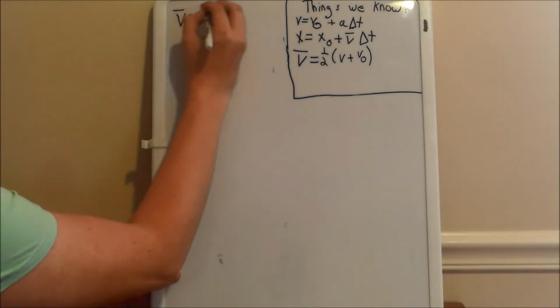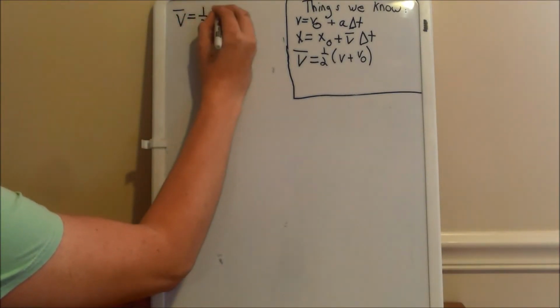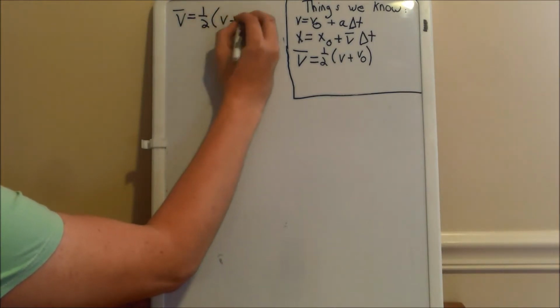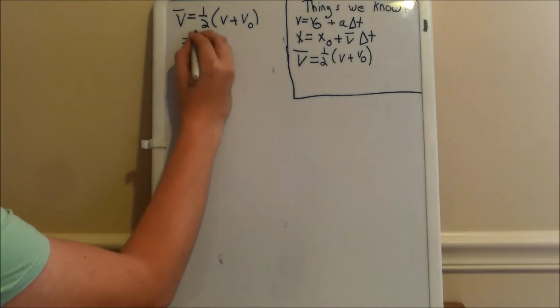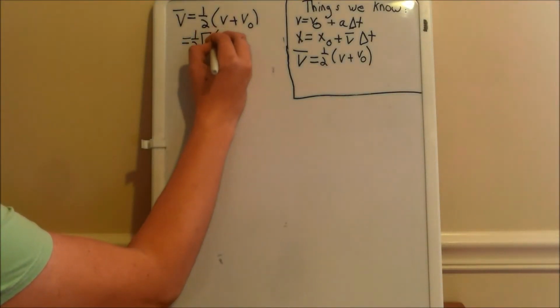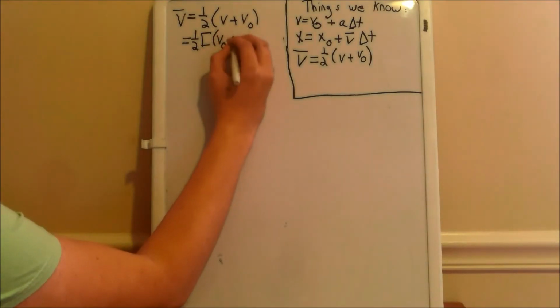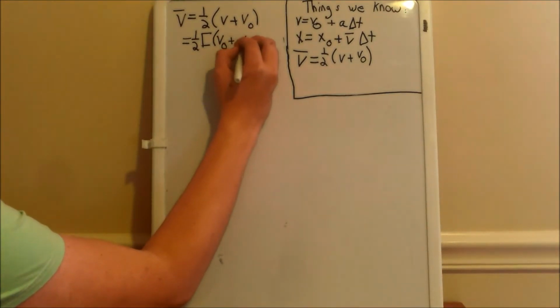In this next example, I rewrite the mean speed rule by using the first equation that I found: velocity equals initial velocity plus acceleration times change in time. I replace velocity with that equation and then simplify.